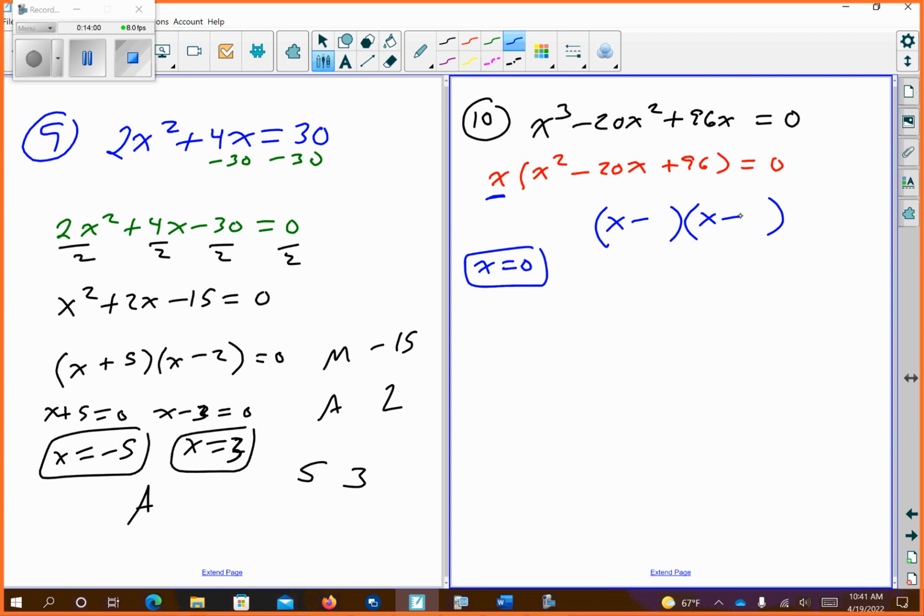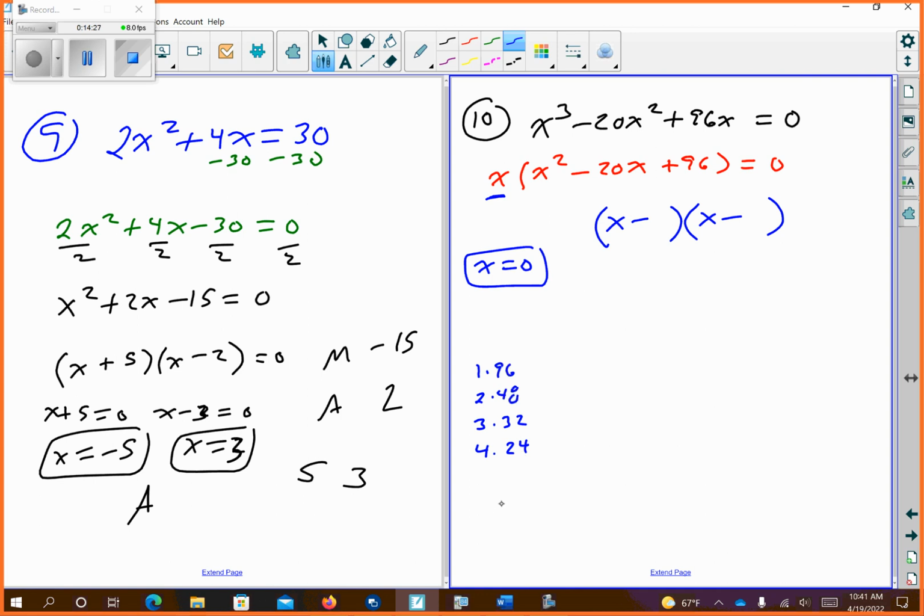All right, so then we have to start thinking about 96. I know that 96 is 1 times 96. I know it's also 2 and 48. And I'm trying to figure out which ones are 20 apart. I know I have 3 and 32. I'm getting closer. I know I have 4 and 24?